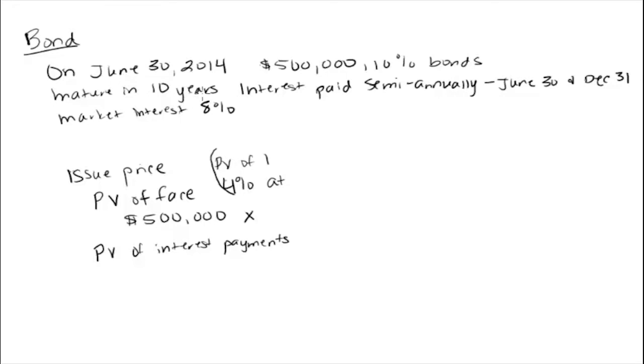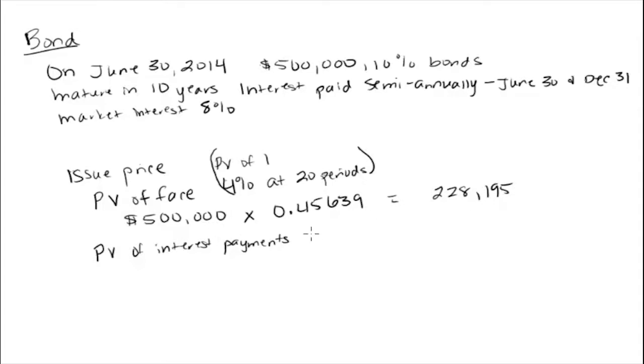Well, the bonds are 10-year, but you're doing this twice a year, so you need to look at 20 periods. When you do that, you should find a factor of 0.45639. So my total here is going to be $228,195. That's the present value of the $500,000 face amount.